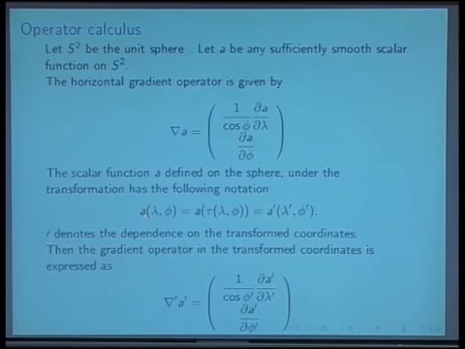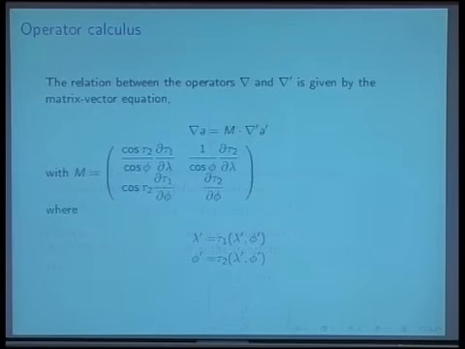The scalar function A when represented in terms of primed coordinates is denoted as A prime, and then the gradient operator can be expressed in this form. So the idea is that now this is the transformation matrix, matrix M, that is a Jacobian operator of the entire transformation concerning the del operator under the coordinate transformation.